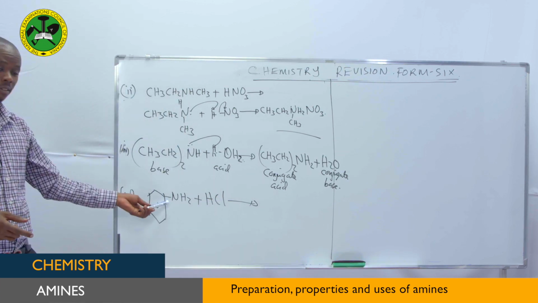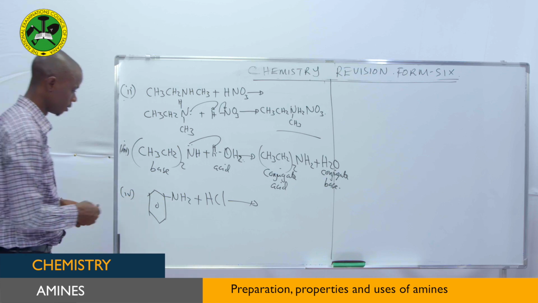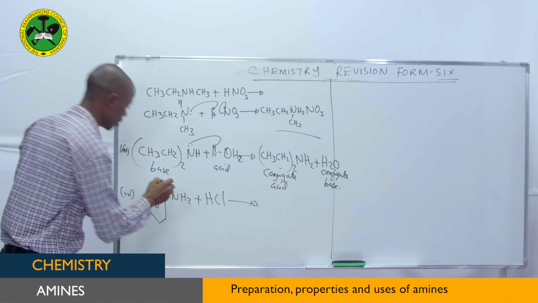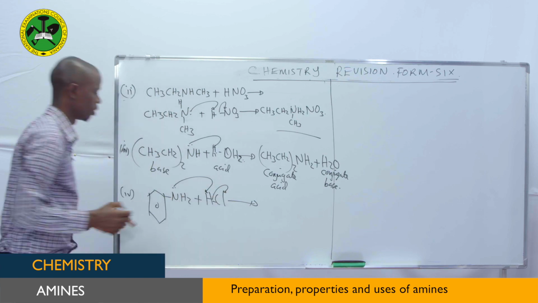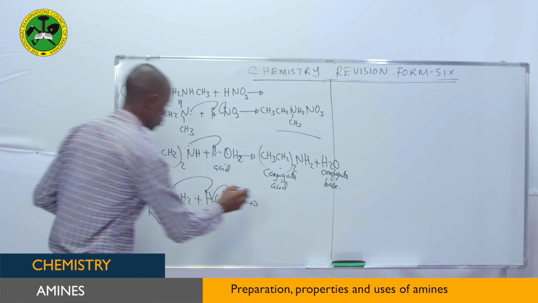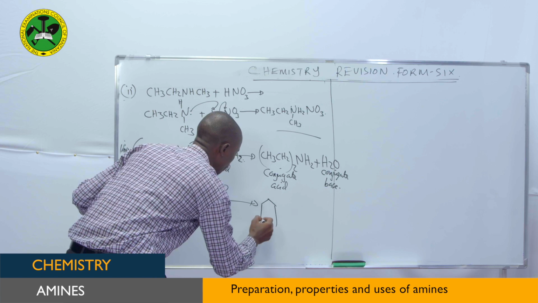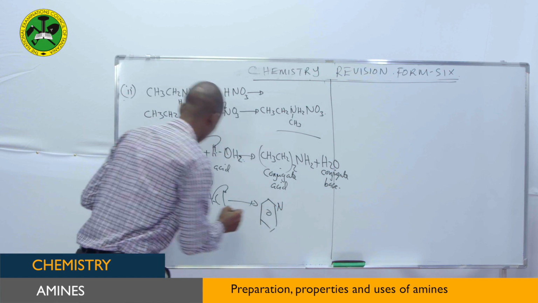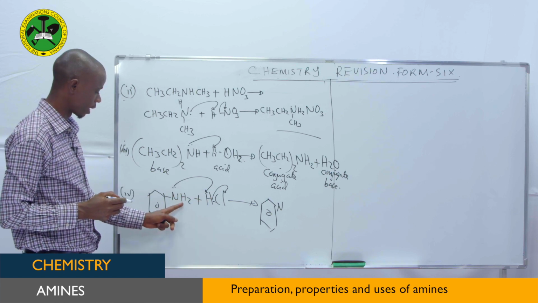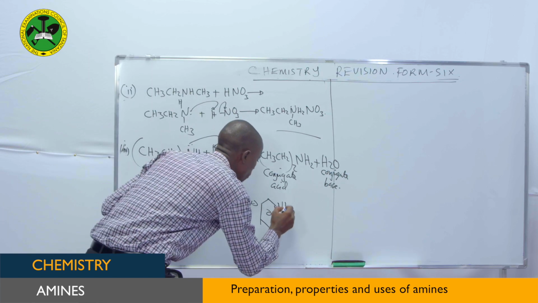This phenylamine, or aniline, has got a lone pair. So this one will attack this proton and this electron will move towards there. So here we are going to have this compound. This proton will be welcomed here to make 3 hydrogen atoms.